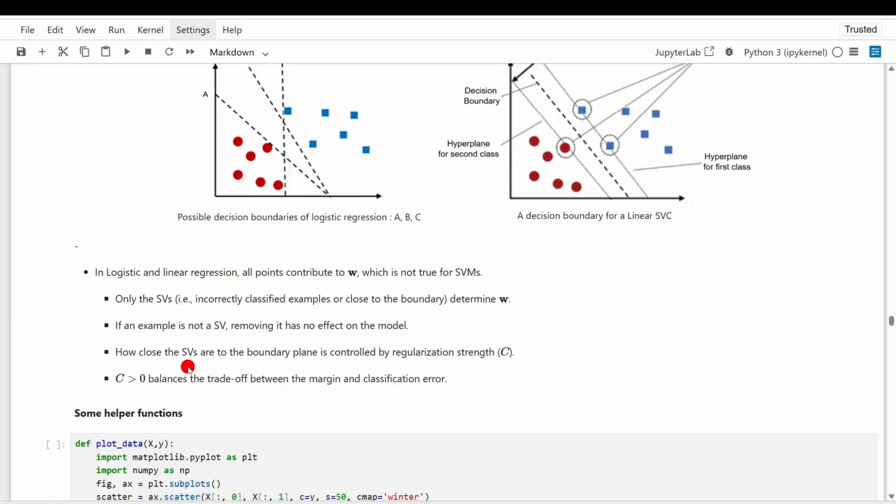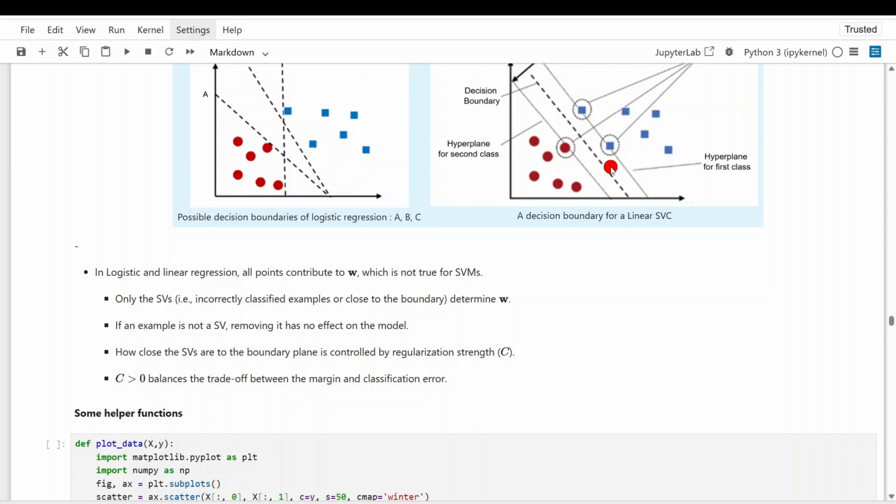And how close the support vectors are to the boundary is controlled by the regularization parameter C, which balances the trade-off between the margin and the classification error. For example, if the margin is wider, misclassification could occur, therefore the classification error will be larger.